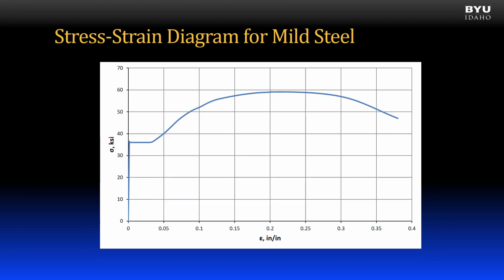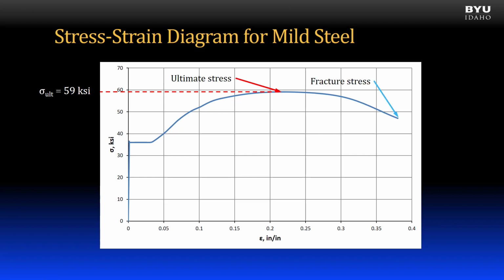Now I've gone back to the full stress-strain diagram to see a few more points. First, the ultimate stress, also sometimes called the tensile stress. This is the peak point on our stress-strain curve. Here it's equal to about 59 KSI. The final point of interest here is the point in which the sample breaks into two pieces in the test.